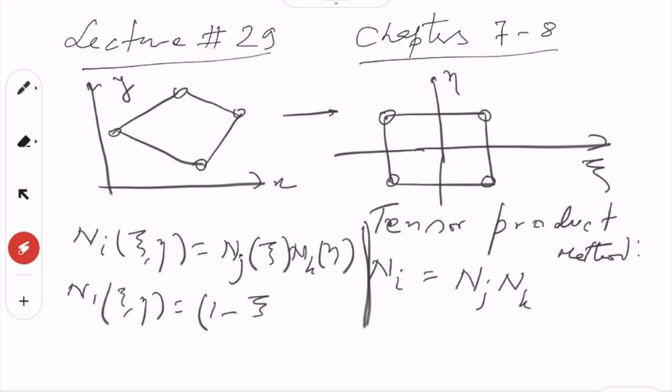So in this case we will have 1 minus xi, and maybe divided by 2.